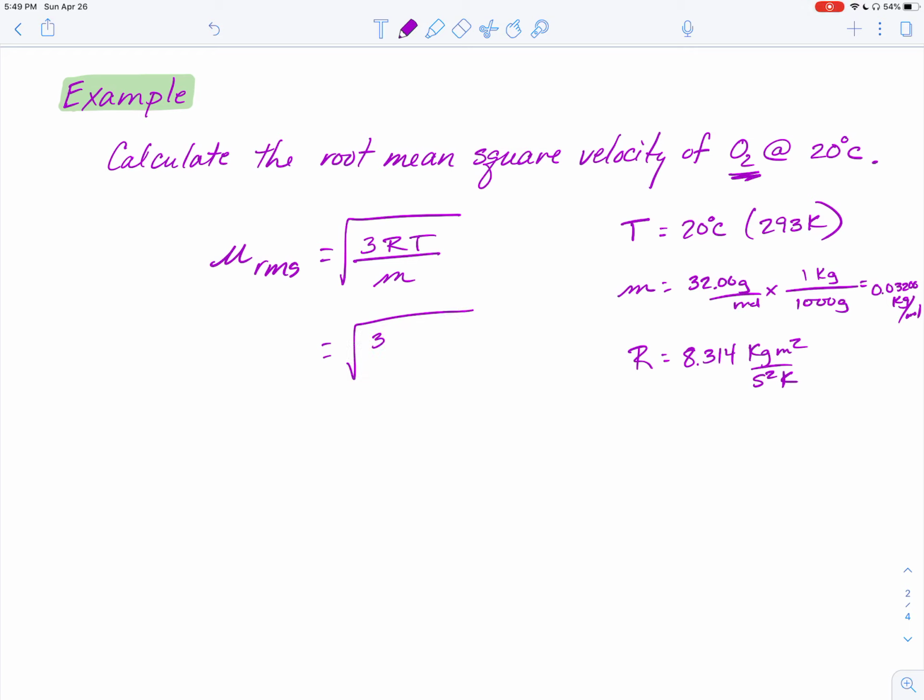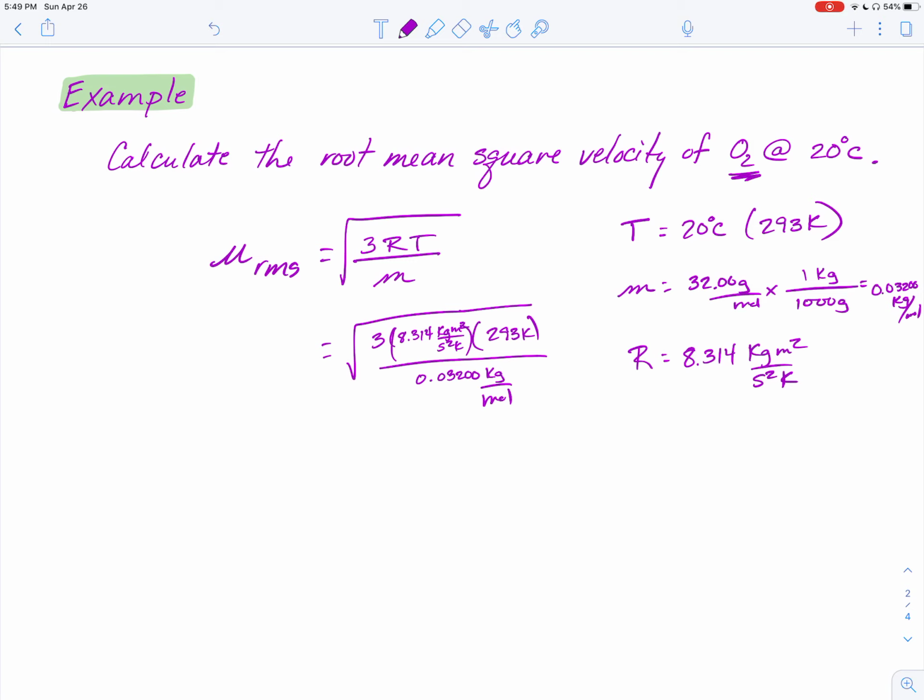We have the square root of 3 times 8.314 kilogram meters squared per second squared Kelvin times the temperature, 293 Kelvin, and we're going to divide that by the molar mass of 0.03200 kilograms per mole. Okay, and so what we want to do here is go ahead and cancel our units out, if you will.